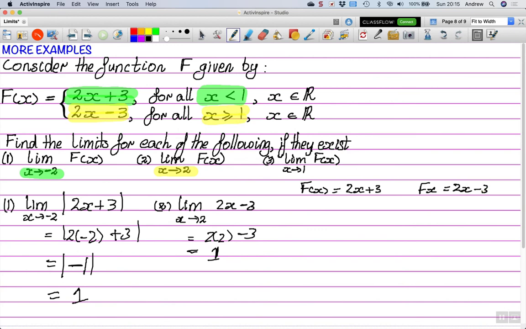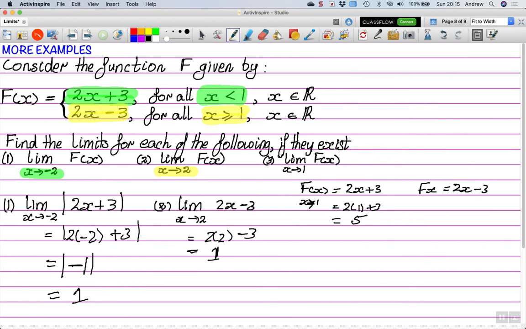The test value is x is equal to 1, so we're looking at x is equal to 1, or well, it tends to 1, so we put it equal to 1. So that's now going to be 2 on 1 plus 3, so the answer is going to be 5 units on the y-axis.